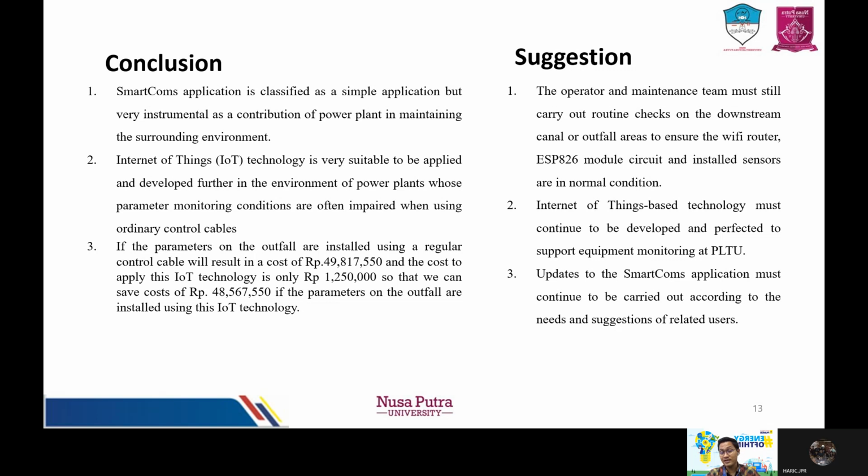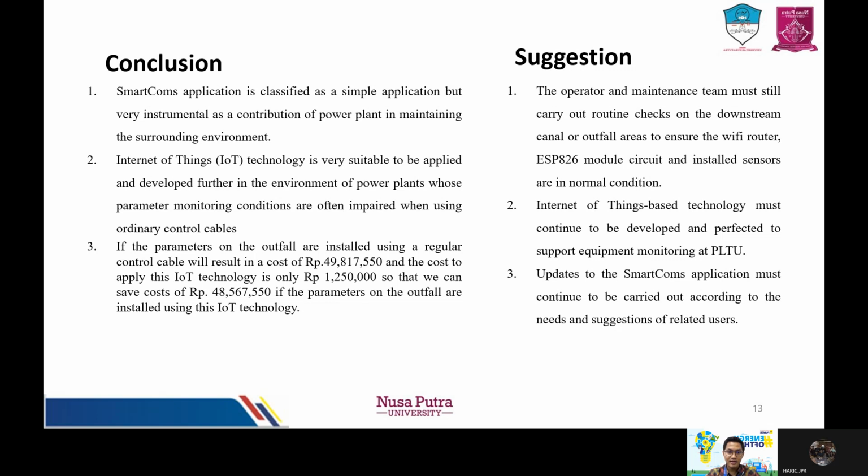Suggestions for this project. Number one, the operator and maintenance team must still carry out routine checks on the downstream canal or outfall area to ensure the Wi-Fi router and ESP8266 module circuit with installed sensor are in normal condition.